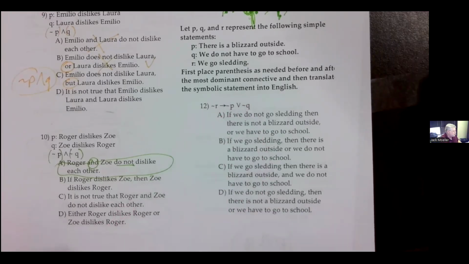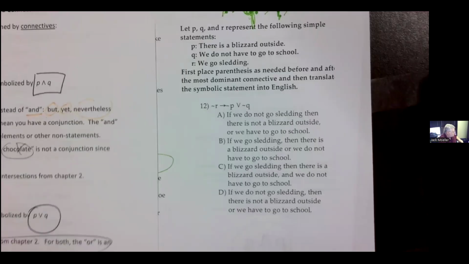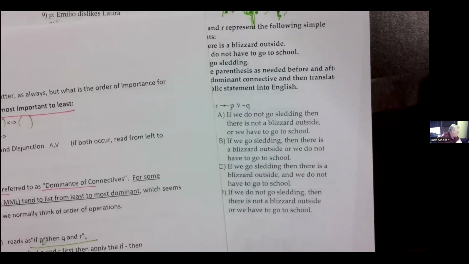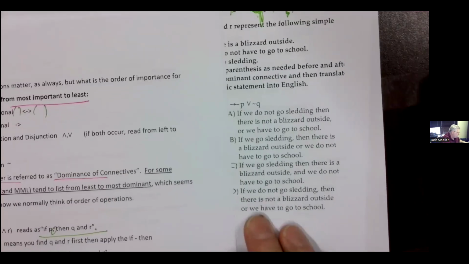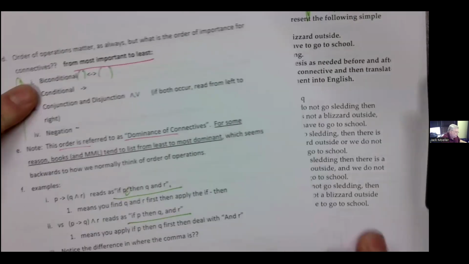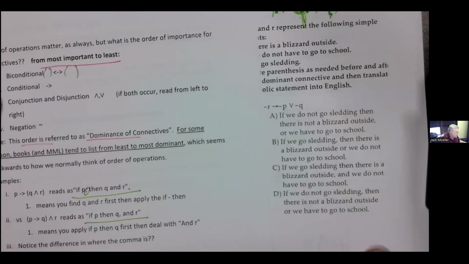So what is the highest priority? Where are the parentheses? Is it a biconditional? Do we have a biconditional? We do not have a double arrow. No. Do we have a conditional? Do we have an if-then? Yes.